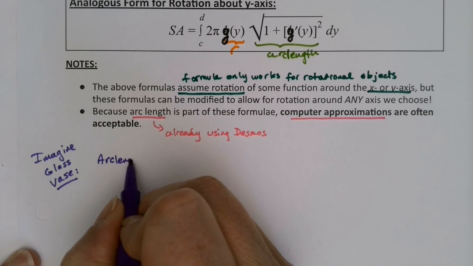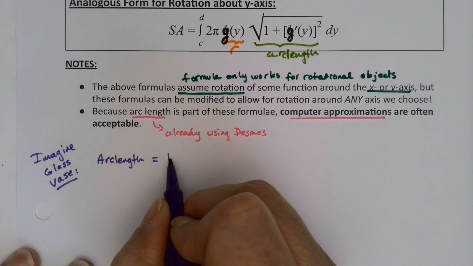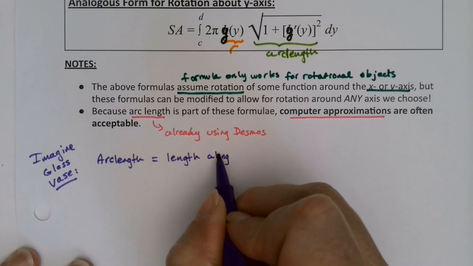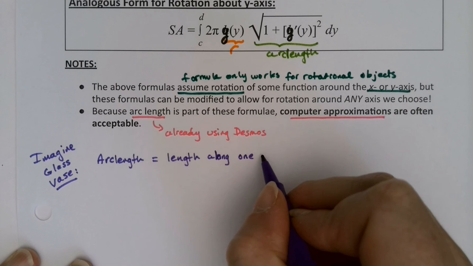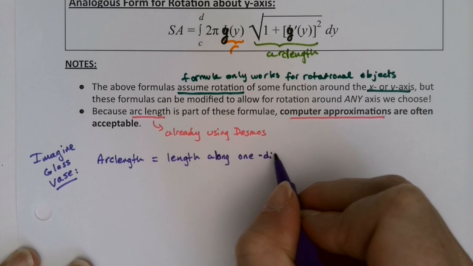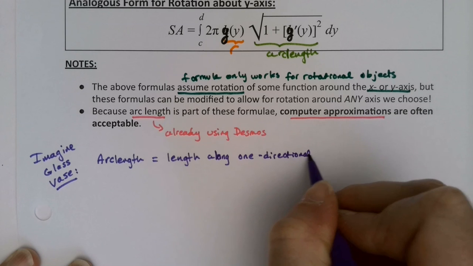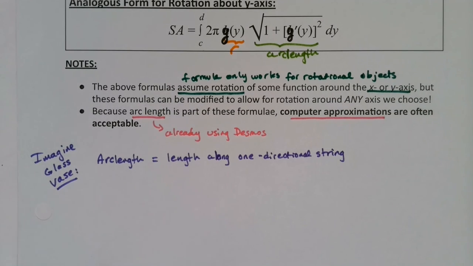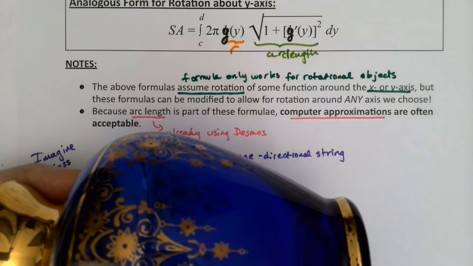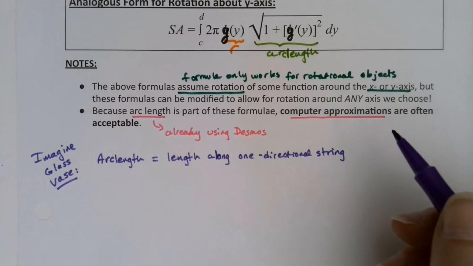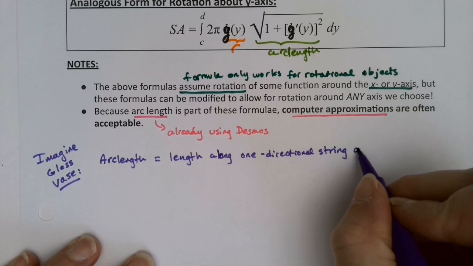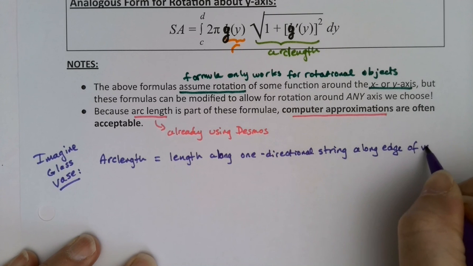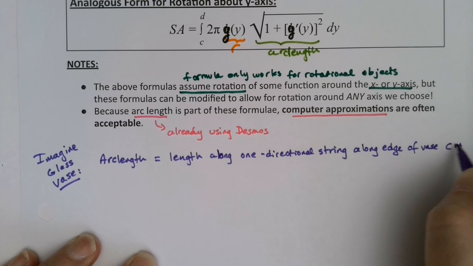Arc length is the length along one directional string sitting on the outside. One directional because I'm not loop-de-looping around it. I'm going along the string, right? So I'm going along the vase. One directional string along the edge of the vase. Let me just pretend it was in centimeters. So that would be centimeters as its unit.